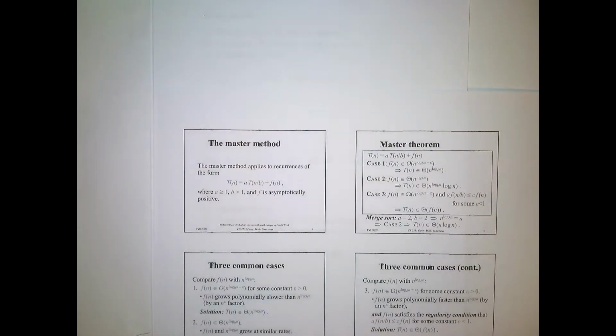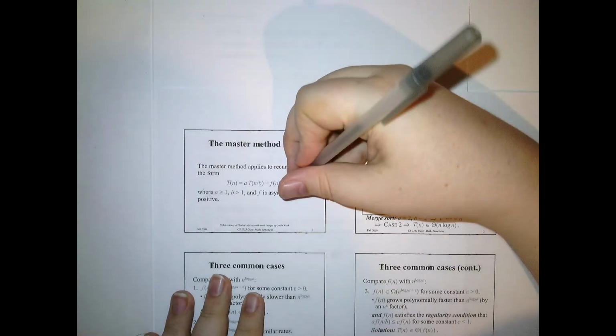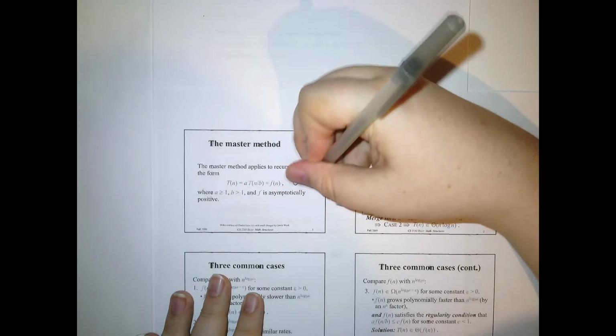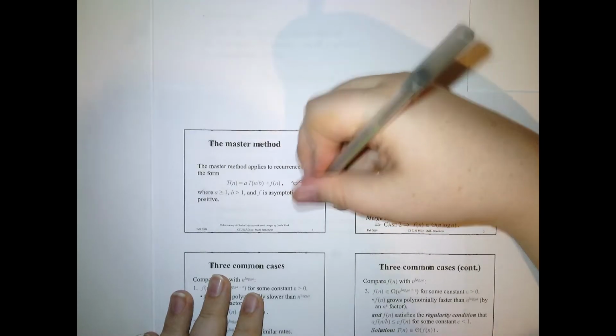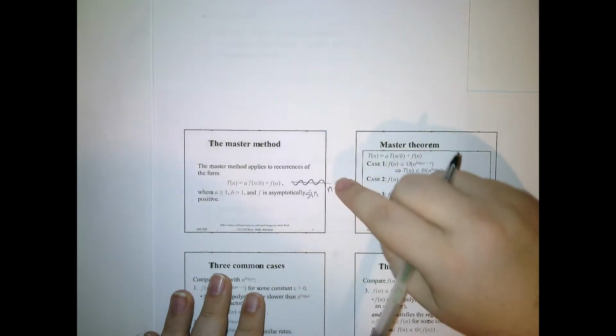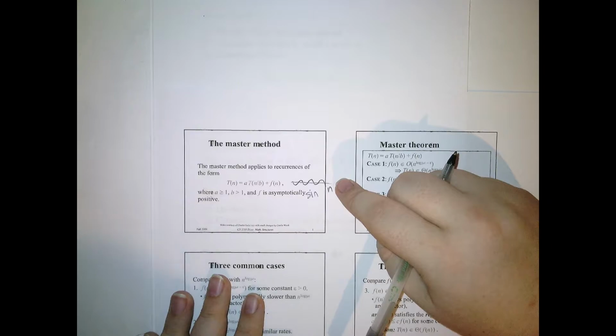The kind of thing you wouldn't want for f of n that would be a little weird would be like a sine function, right? If you had a sine function relative to the input n, then the runtime doesn't just strictly increase as n gets bigger.